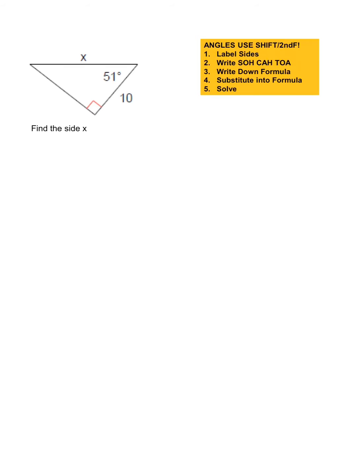So here, again, exact same method. First thing always in these questions, you label your sides. So opposite the right angle, hypotenuse. Opposite our angle is opposite, and then we're left with adjacent. Now, write SOH CAH TOA.